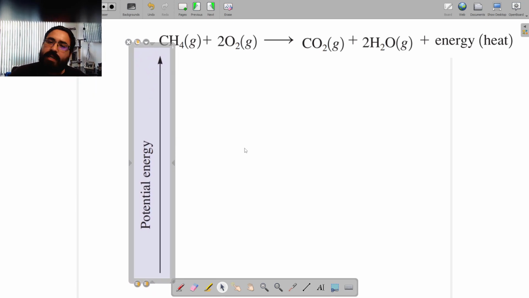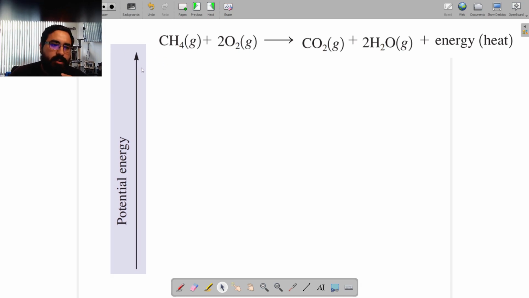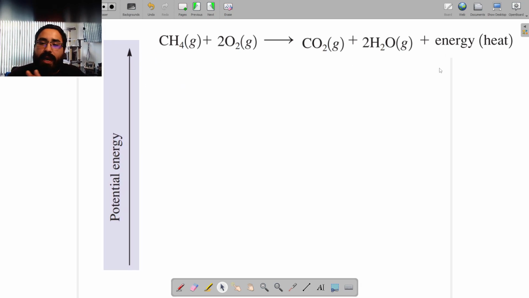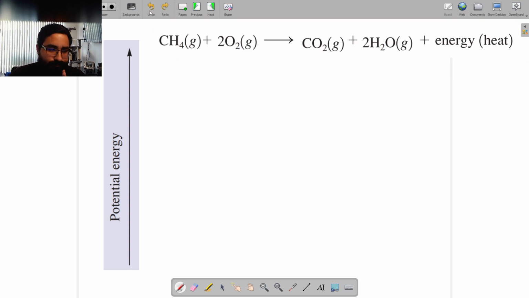Now, let's see how the change in energy works. We said that potential energy is chemical energy, right? It's energy that it can release. And let's see how the reactants and products look for an exothermic reaction. So let's think about this in terms of energy.